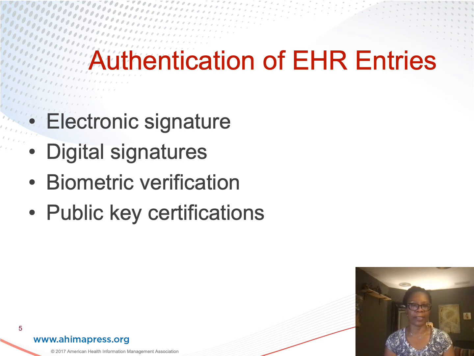So these are all examples of biometric verification. Public key certification is a certificate which is used to verify the information was sent from a particular user or source. So sending documents between physician practices using a public key certificate to ensure that the information comes from a specific sender would be a private key.